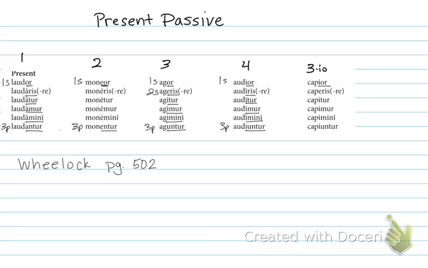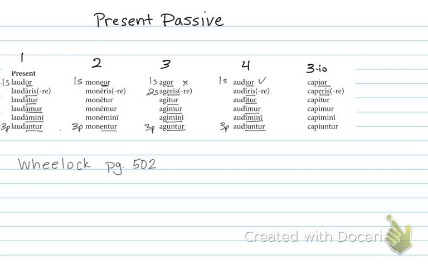Similar things are going on in the third -io, except there is an I in the beginning of most of the endings. So this one, capior, the first singular, does not look like the third conjugation. Instead, it actually looks more like the fourth conjugation with -ior.